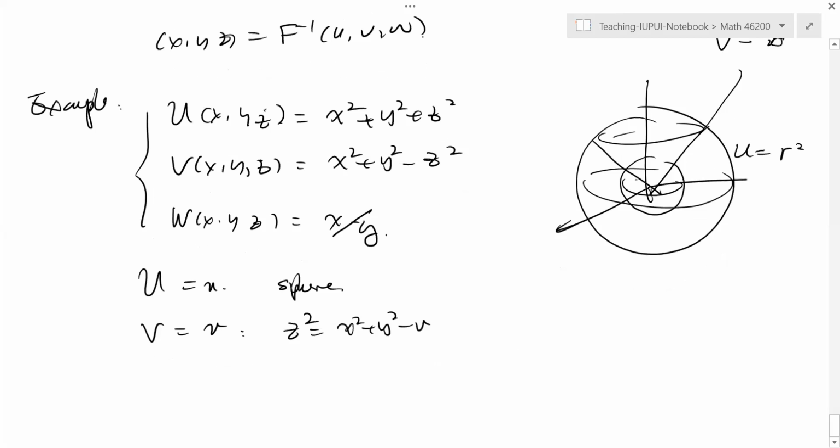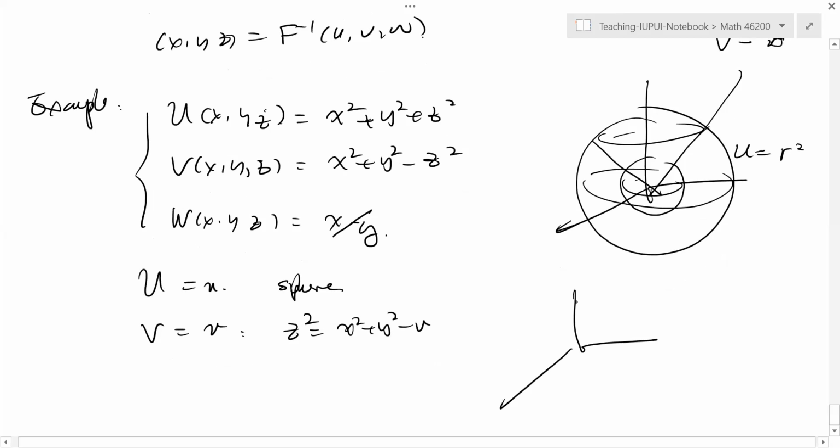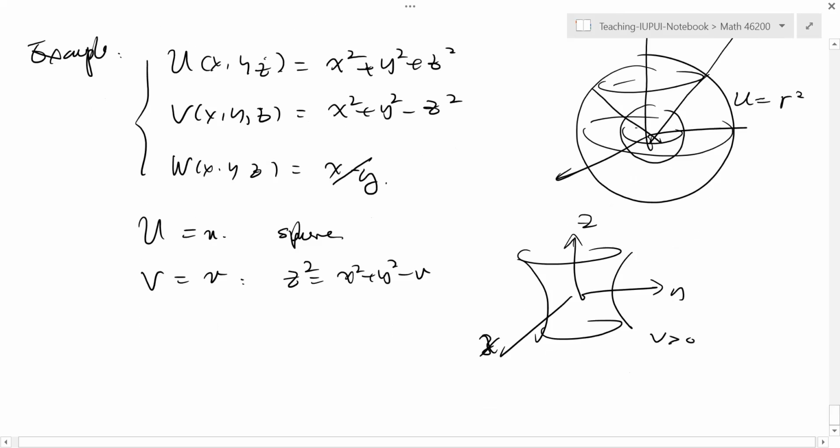It depends on the value of v. If v is positive, it looks like that in x, y, z. And x, y cannot be too small.